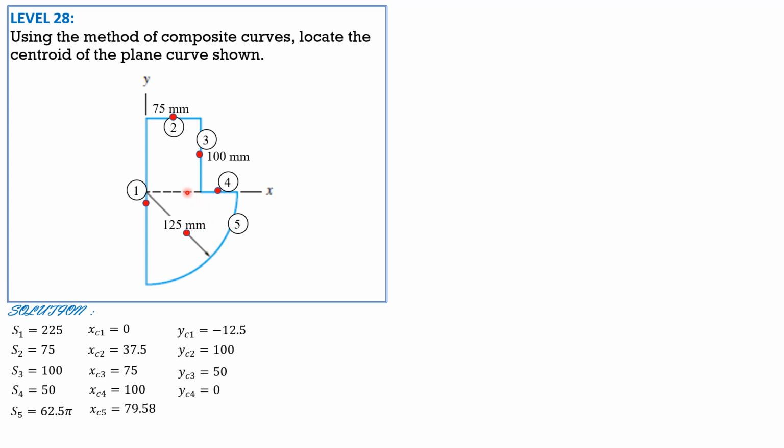The value of y sub c5 is also 2r over pi but negative, so negative 79.58. So the sum of the lengths totals 646.35, adding all these lengths here.